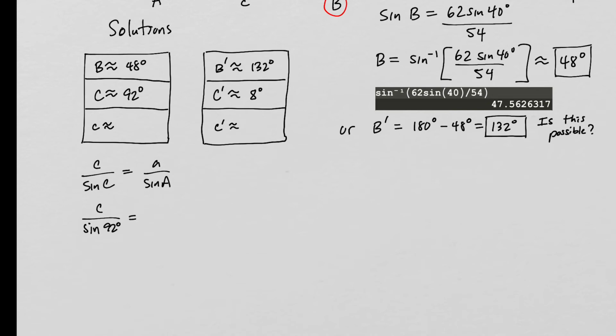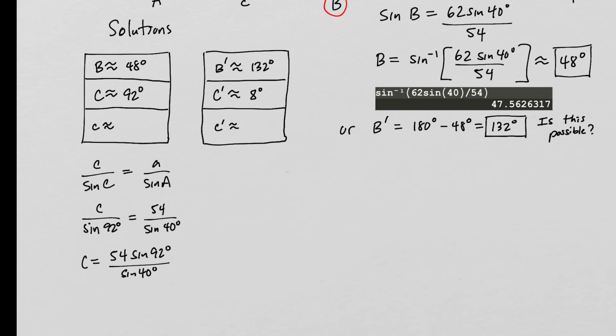That should be equal to A, which is 54, divided by the sine of angle A, and angle A was 40 degrees. And we could solve for C.